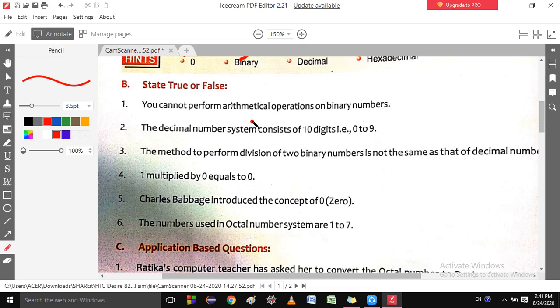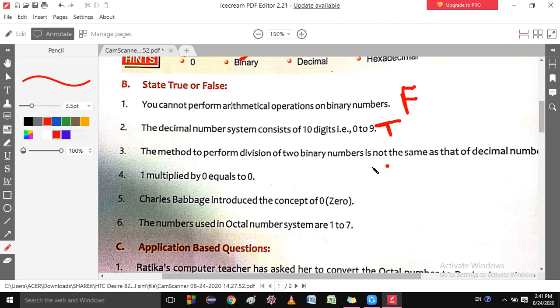You cannot perform arithmetic operations in binary numbers. This is false. You can perform them. The decimal number system consists of 10 digits, 0 to 9. Definitely this is true.